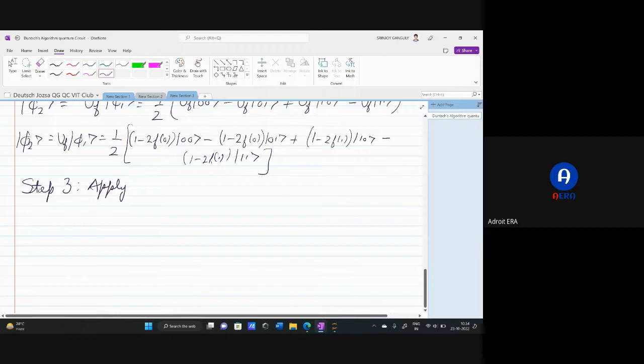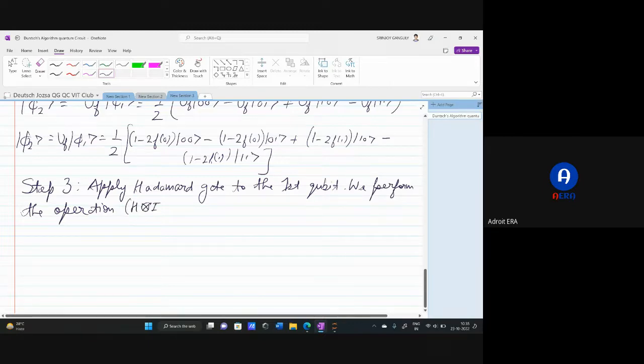apply the Hadamard gate, so we perform the operation H tensor I, right?